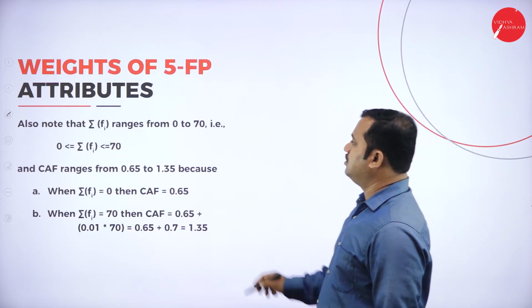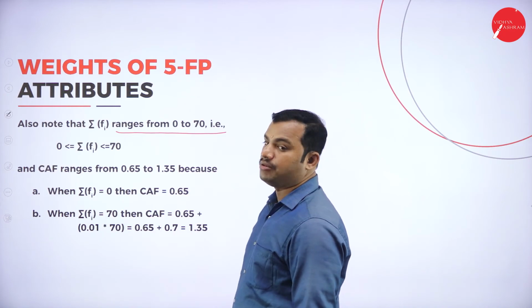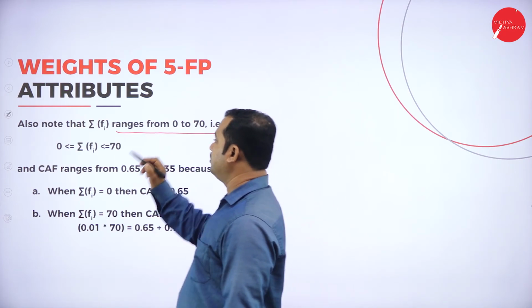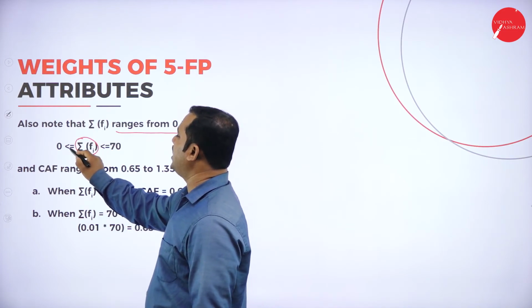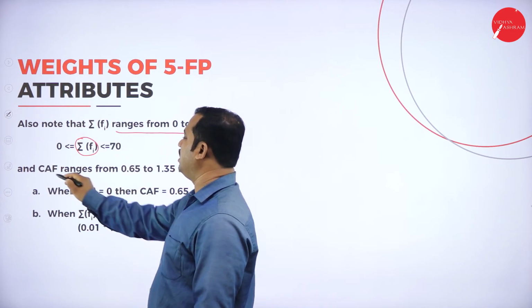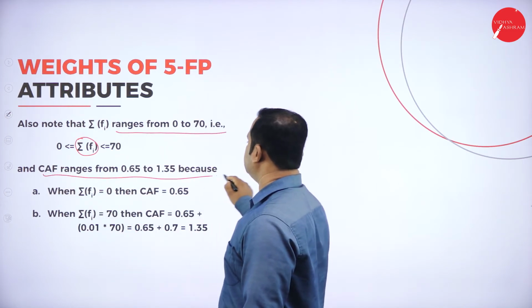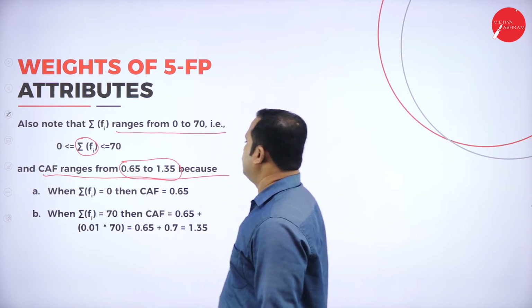See here, it ranges from 0 to 70 function points. In this case, summation Fi is greater than or equal to 0 and less than or equal to 70, and CAF ranges from 0.65 to 1.35.